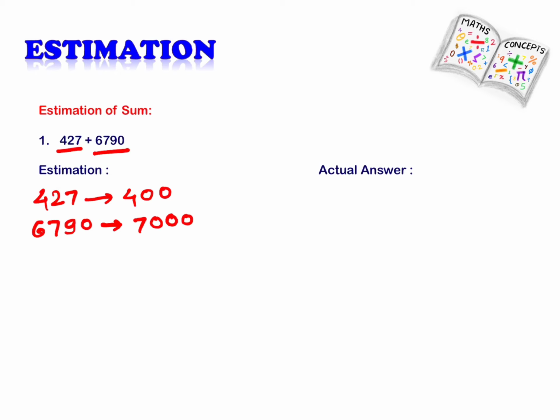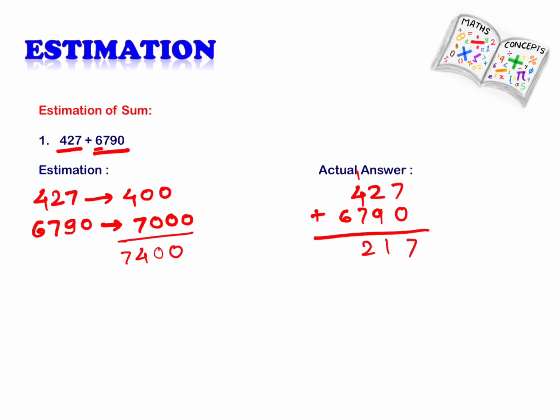Because the greatest place is thousands, we are rounding it off to nearest thousands, and the addition will be 7400. Now let's check what is the actual addition. 427 plus 6790, 7, 11, 12 and 7, 7217.